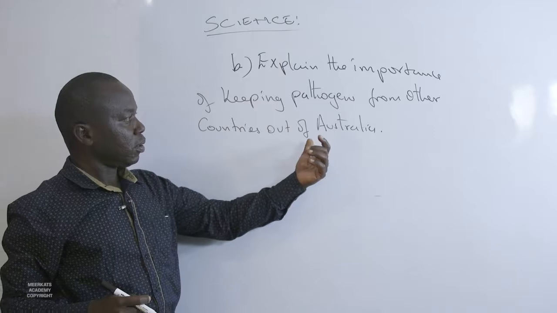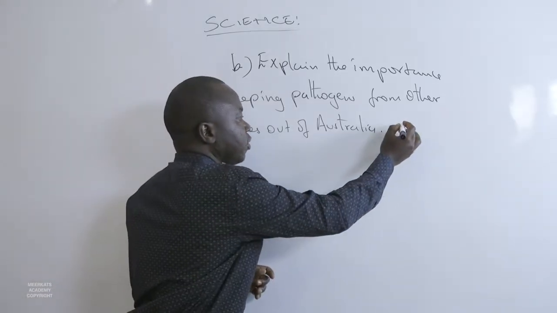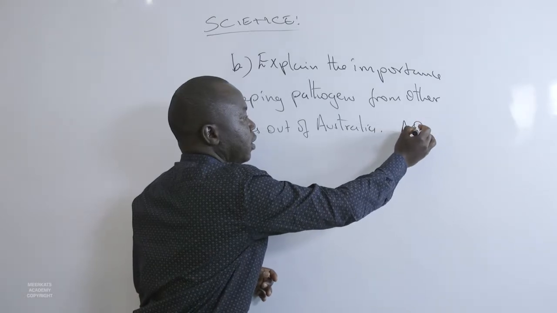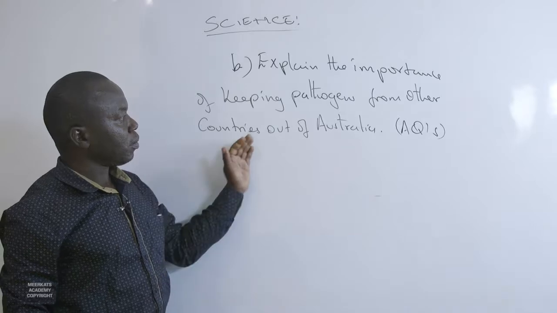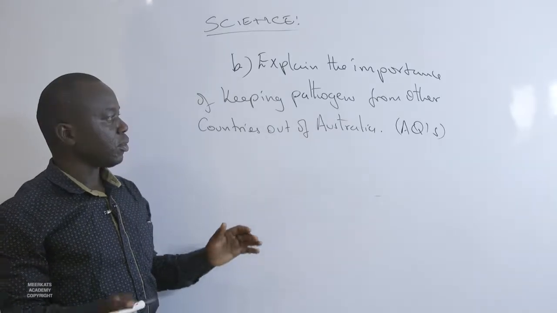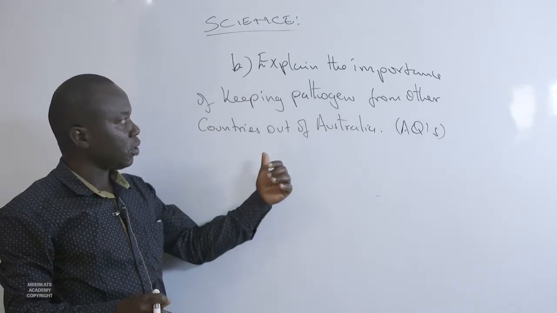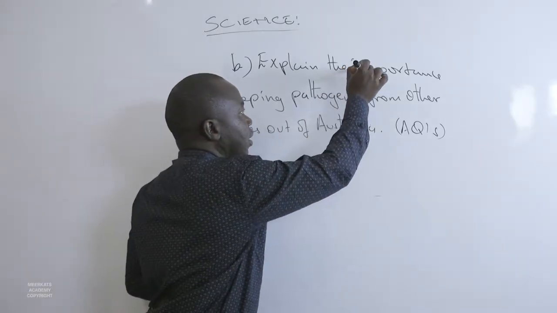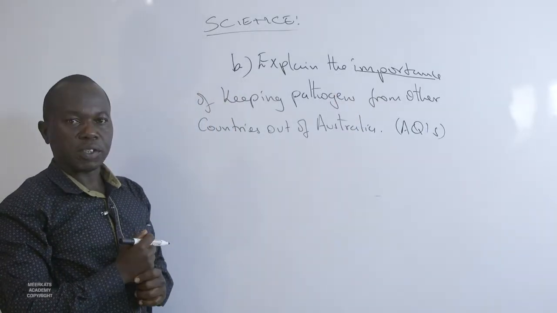So it should be known, this has been the major role of the Australian quarantine and inspection service team, so that most of the pathogen from other countries do not get into Australia. So the question is, what is the essence of that? What is the significance of such efforts?